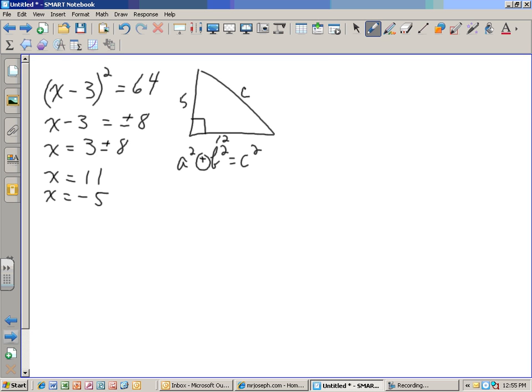Okay, so let's fill in the numbers. 5 squared plus 12 squared equals c squared. 5 squared is 25. 12 squared is 144. 25 plus 144 is 169.